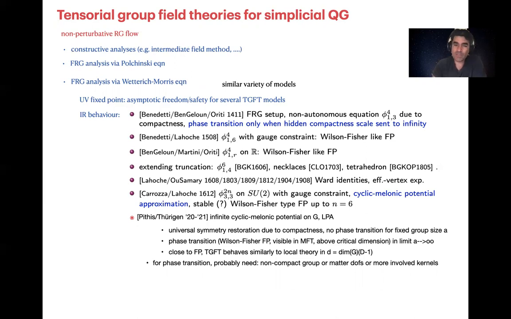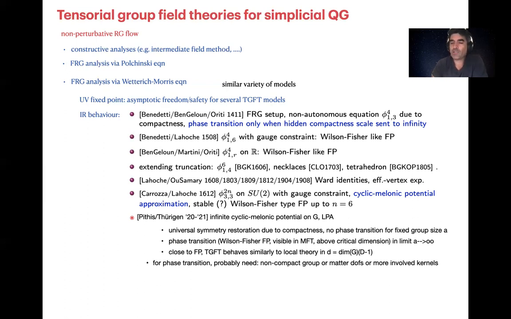Again, many models have been discussed. The general consensus seems to be that, as in the local case, you need a non-compact domain to have phase transitions. And this can be achieved in the approximation of the compactness scale of your compact group being sent to infinity, or of course directly dealing with non-compact groups.